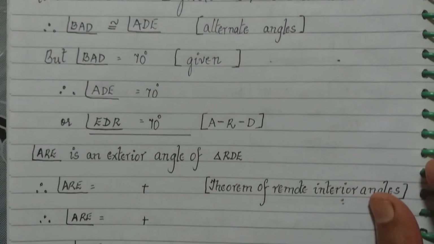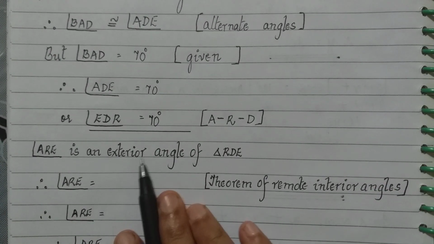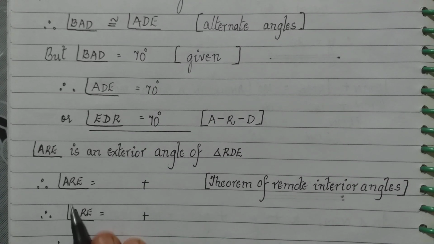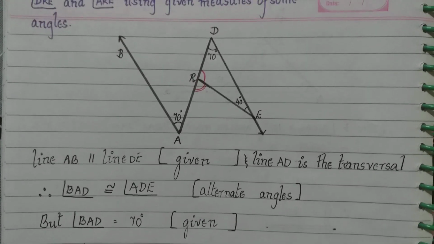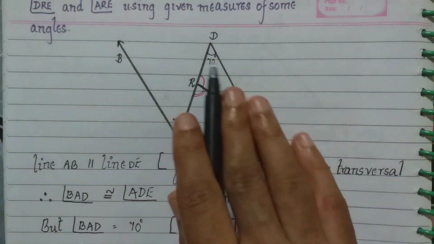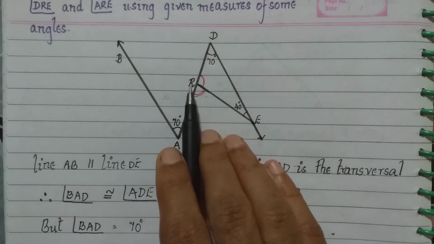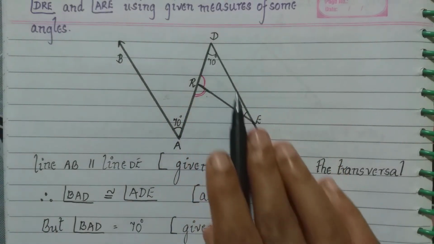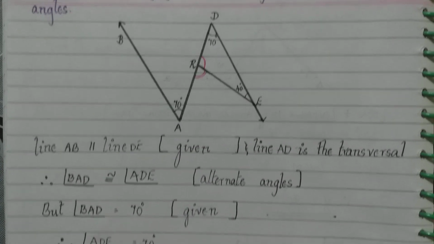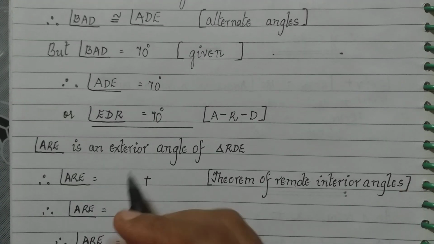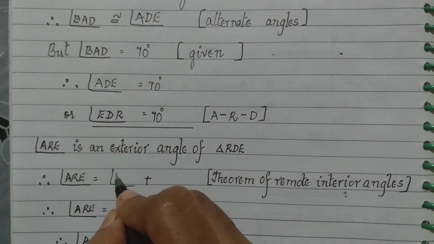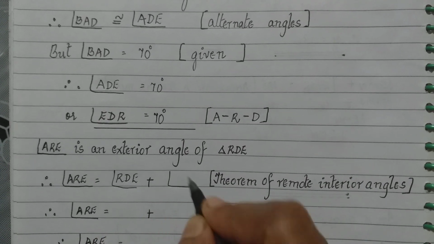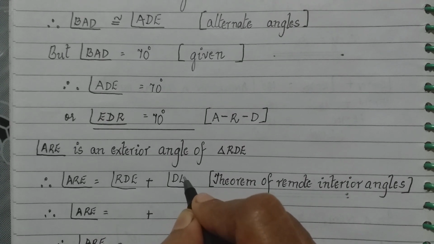So, let us see how we write it. Angle ARE is the exterior angle of triangle RDE. Angle ARE is equal to, now let us mention the names of these two angles, angle RDE plus angle DER.